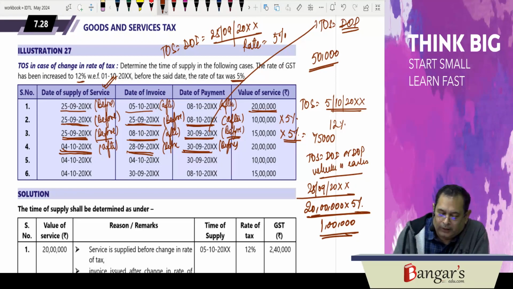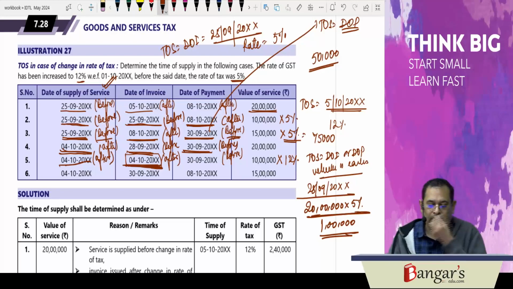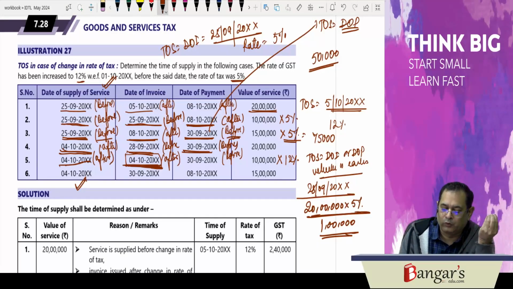Okay. Then here, this is change after. This is also after, but payment is before. So time of supply will be date of invoice. New rate will be applicable. Now this is date of supply of service 4/10.